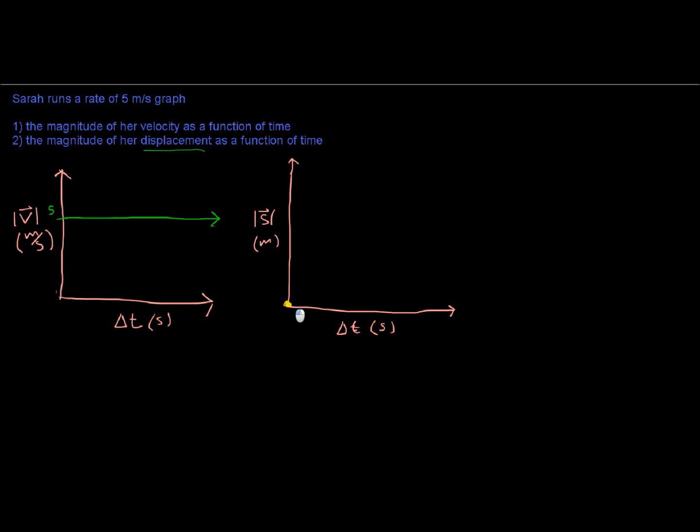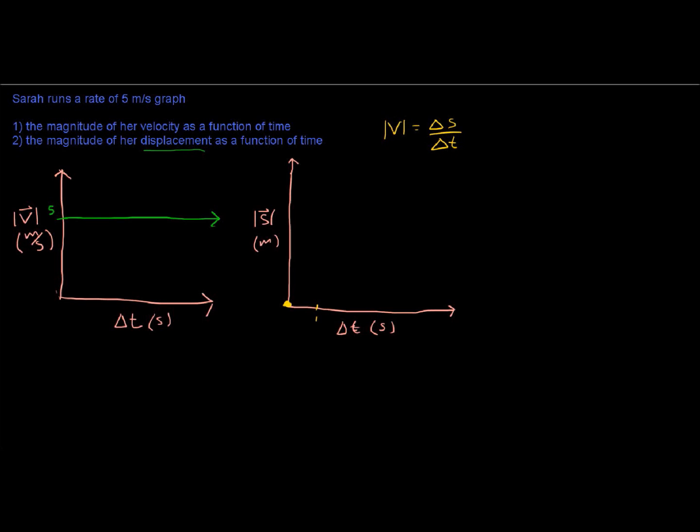It's not like her velocity where she was always running at 5 meters per second. With her position, she started off at the origin. She hasn't moved anywhere. So now let's see what happens 1 second later. We know that the magnitude of velocity is going to be equal to delta s over delta t.